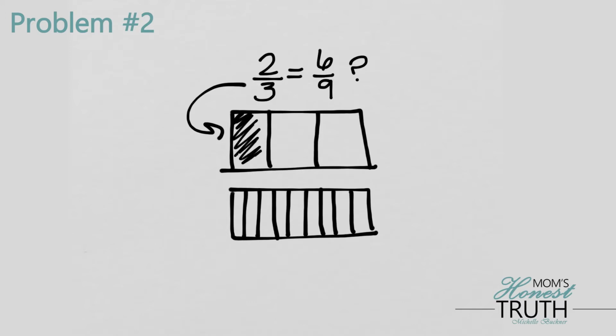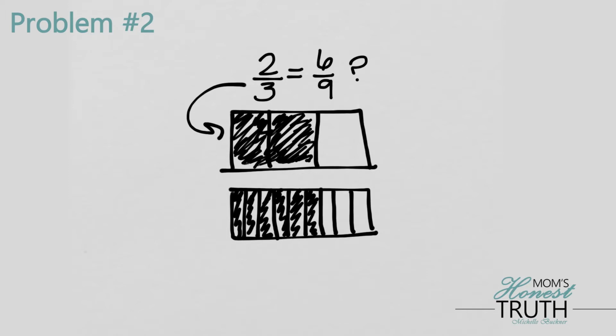We'll color in 2 parts of 3 are whole. The second fraction is 6/9. We'll color in 6 of 9. 1, 2, 3, 4, 5, 6. Yes, these fractions are equal.